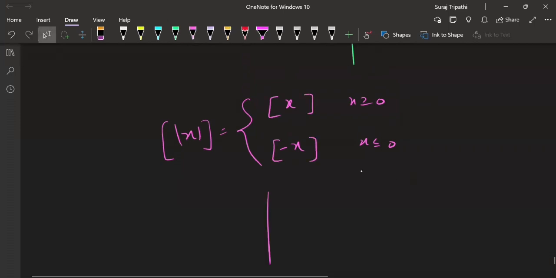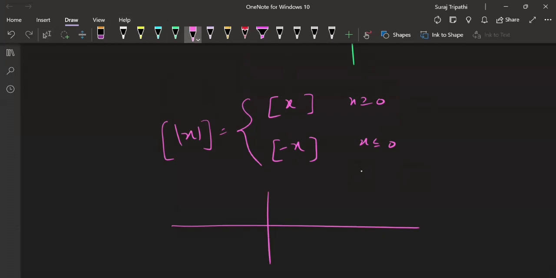For positive values of x, this will look the same as the previous graph. For positive x, for this one. Now for negative values of x, like this one, you have to take the modulus of this number.